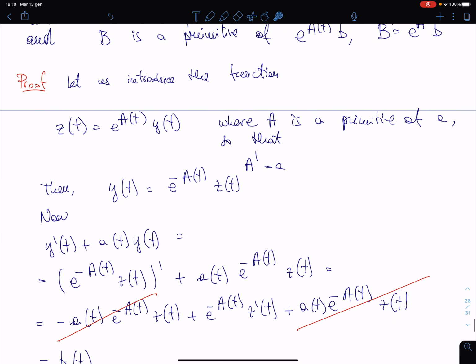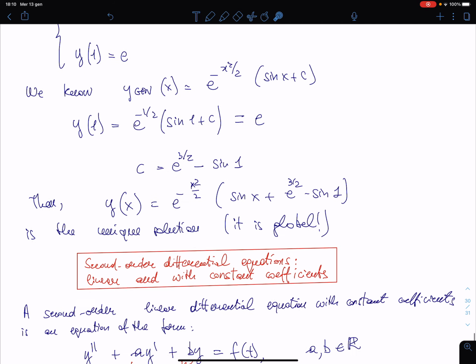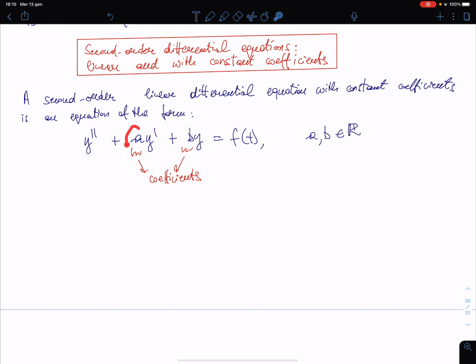This time, coefficients are not functions, they are numbers, and numbers can be considered as constant functions. So constant means they are real numbers.